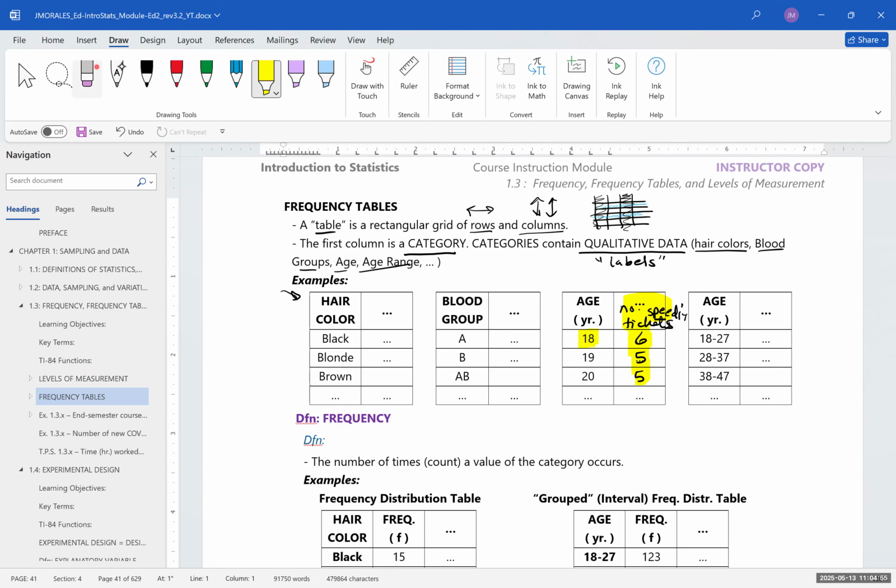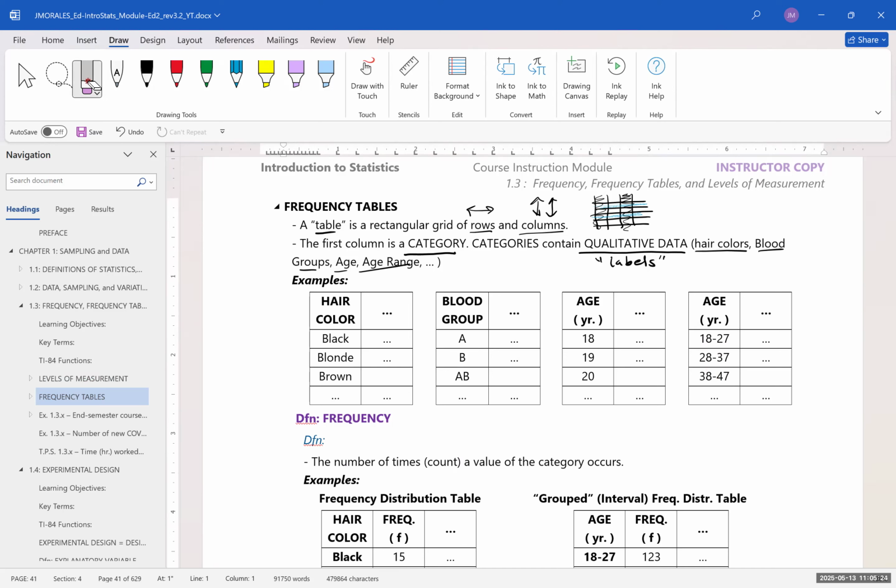So that's kind of the distinction there. And instead of having a singular age, you could have an age range. So what you're defining here in the first column is some kind of category or some kind of grouping. That's what you're trying to accomplish with the first column.